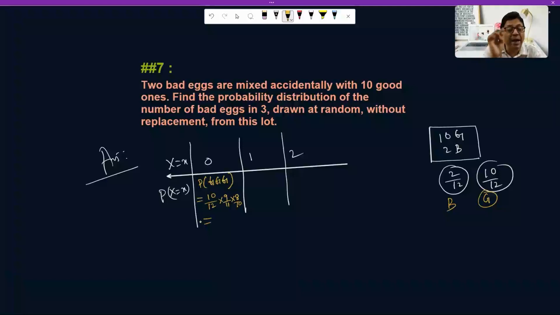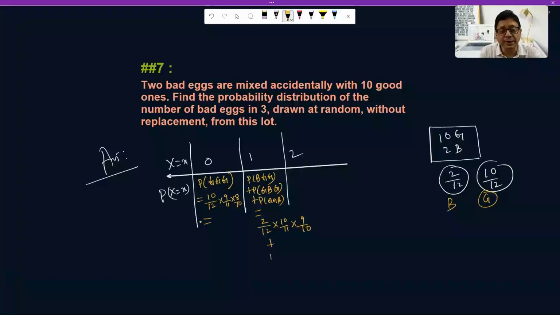But when a bad egg enters, in which draw that bad egg comes, you have to find. It will be the probability of bad, good, good, plus the probability of good, bad, good, plus the probability of good, good, bad. How do you find this? Bad one probability is what? 2 by 12, then good one 10 by 11, then good one 9 by 10, plus good.